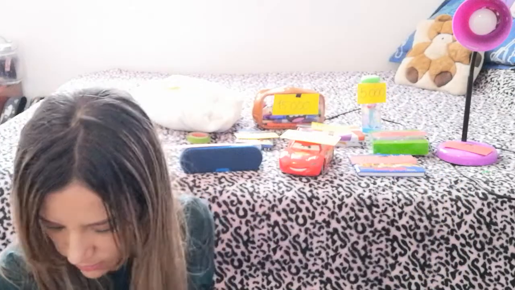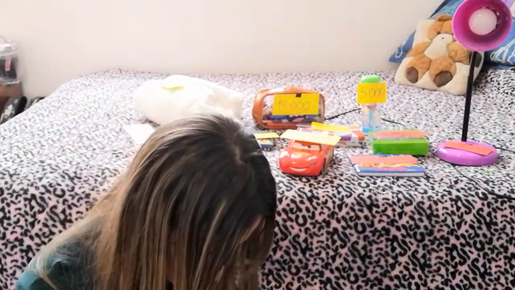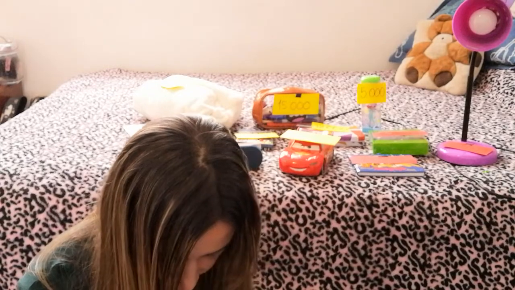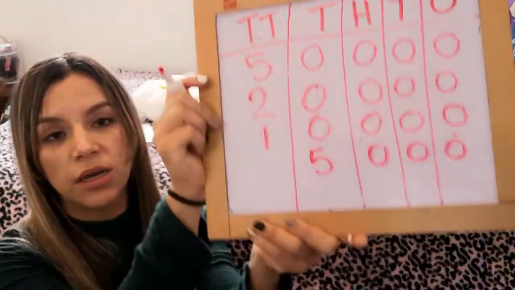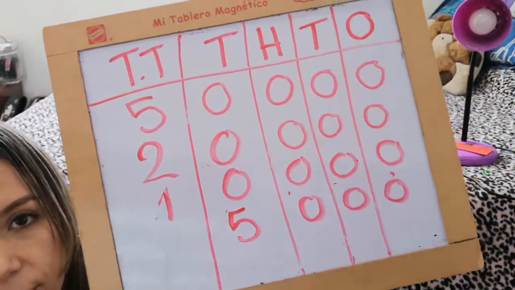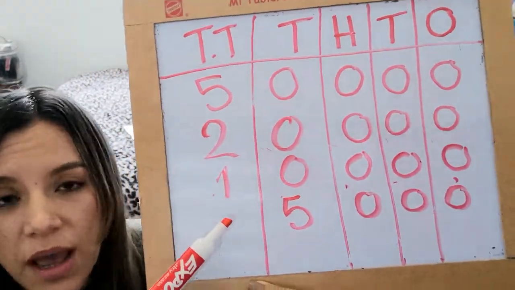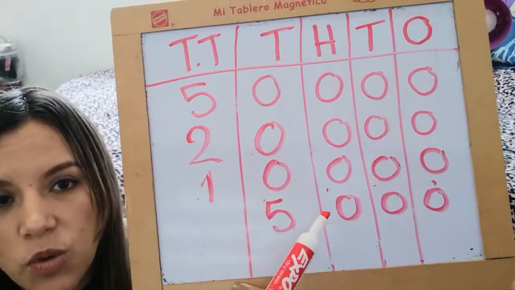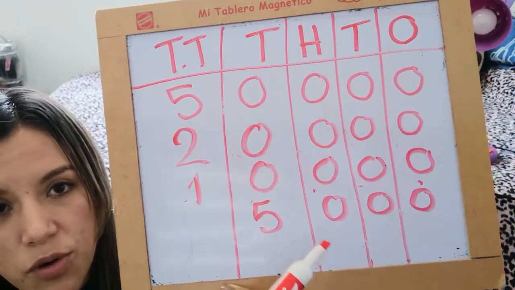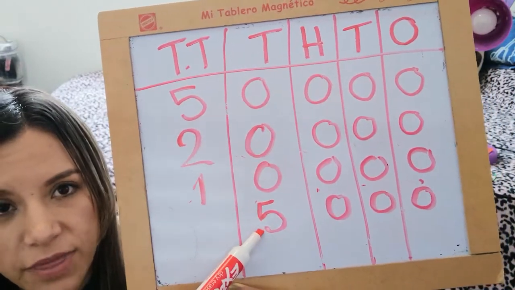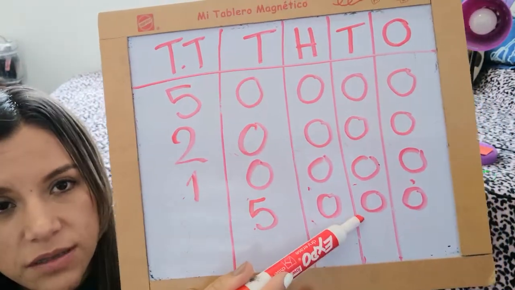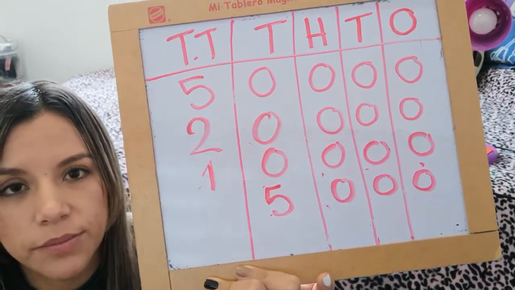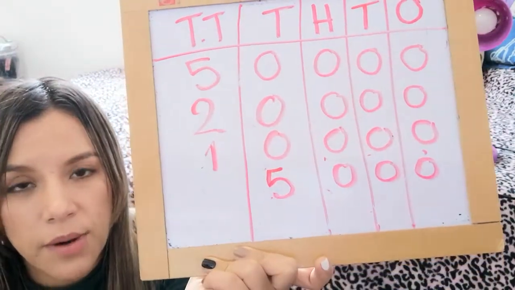Here you might see how it changes. Now we don't have units on the 10,000s and we only have 3 zeros. It means that it has 5 thousands, 0 hundreds, 0 tens, and 0 ones. Great job.